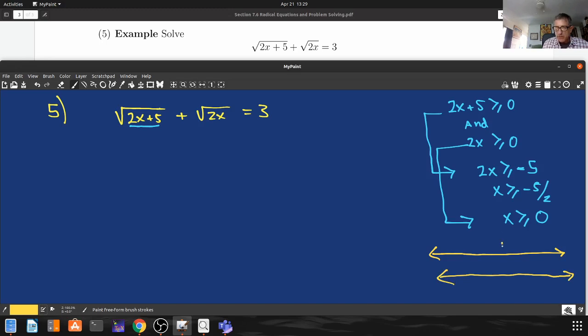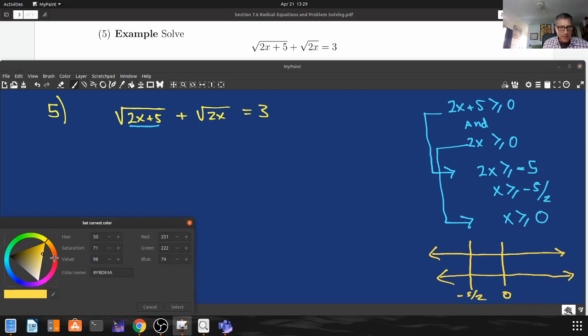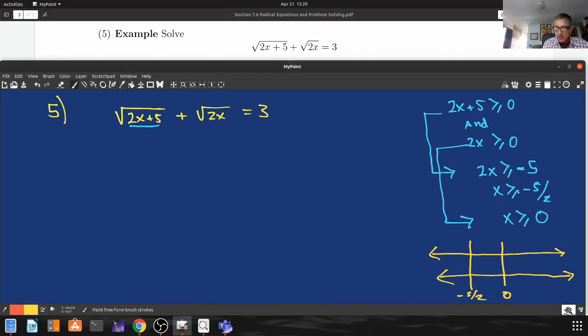So here is my 0, and here is my minus 5/2. So in one instance, x has to be greater than or equal to minus 5/2. So that's everything over here. And in my other instance, x has to be greater than or equal to 0.